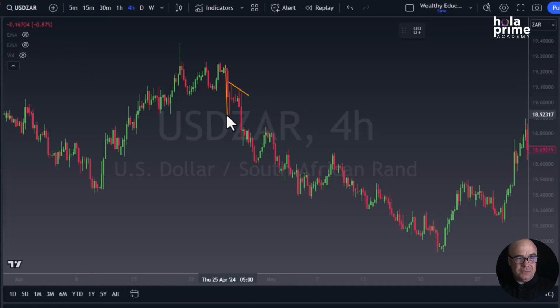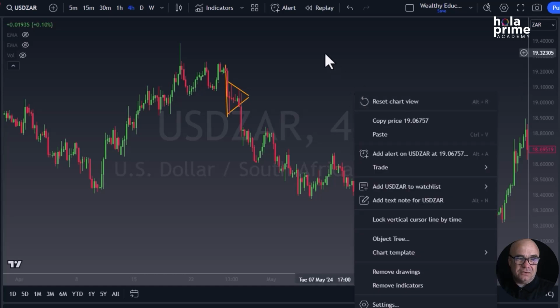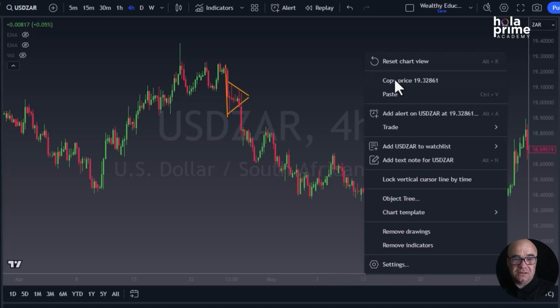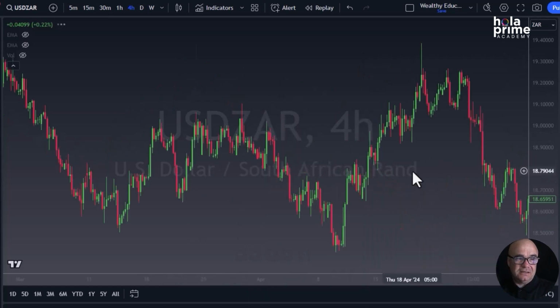Essentially, what you're doing at this point is you are trading a continuation that forms a triangle and then continues even further. Or in this case, an impulse, a triangle for consolidation, and then a continuation.